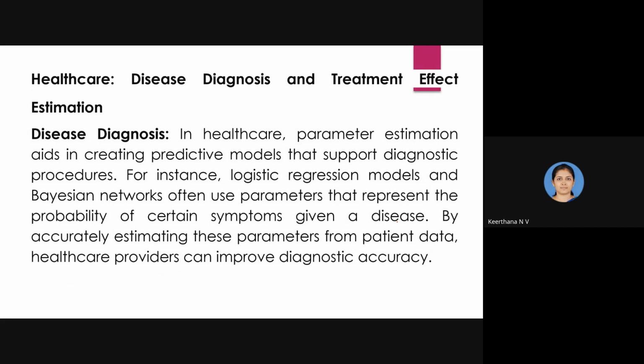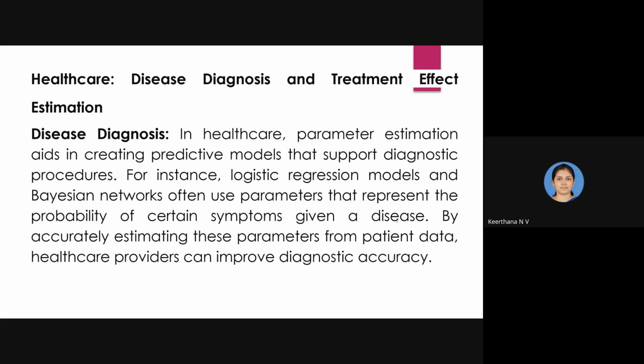The second thing is healthcare, where parameter estimation is used to create very good predictive models that support diagnosing a disease accurately, and if it is diagnosed, what kind of treatment can be applied to a patient for further recovery. Here, patient networks are often used with parameters that represent the probability of certain symptoms given a disease.